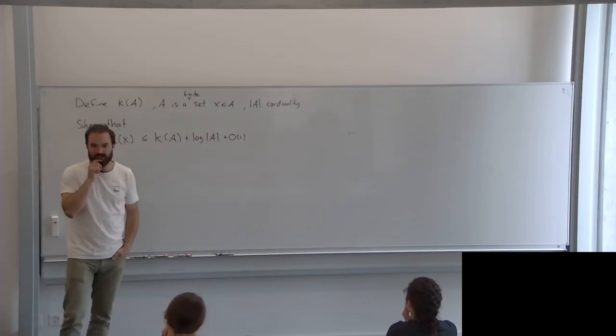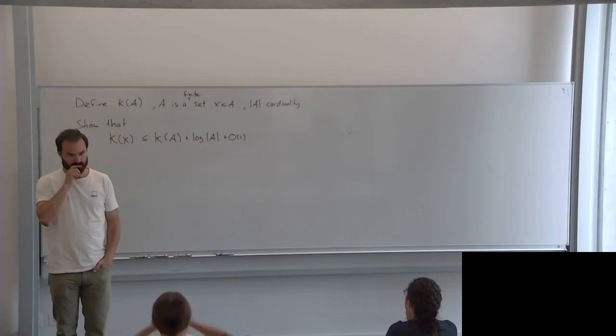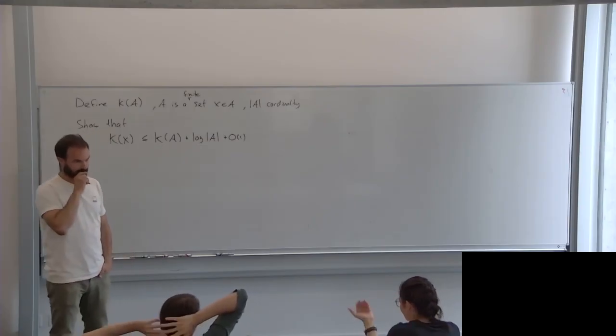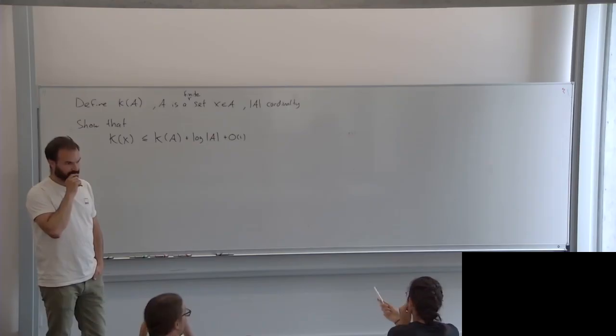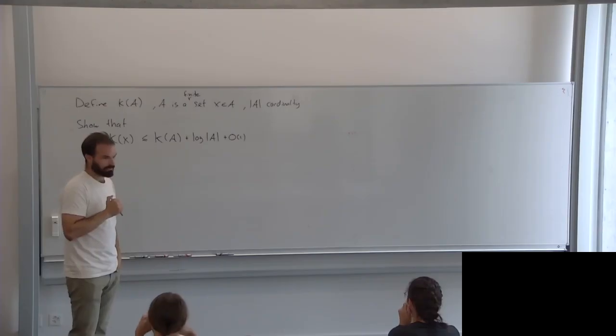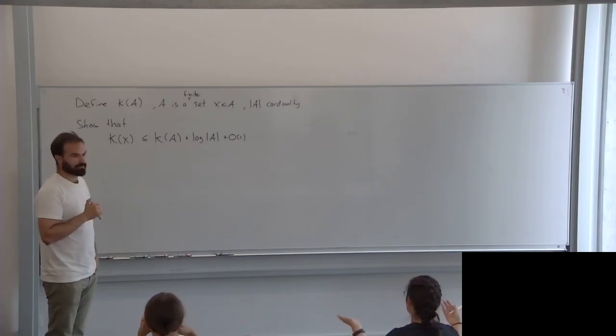What are candidates for defining K of a set A? The first definition that came to my mind, as we have already discussed, is to define K of A as the sum of K of X for all X in A. In my opinion, these bounds hold trivially if you do this.